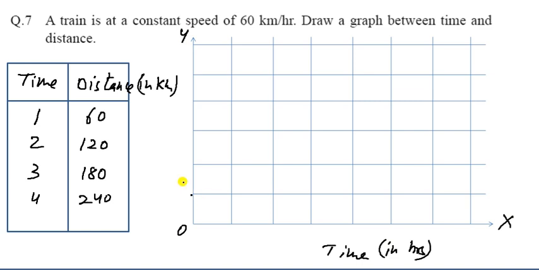So here is time in hours, and it is your x-axis, so you can write OX axis, and it is your y-axis, so you can write OY axis. And here is the time, here is the distance, so you can write distance.